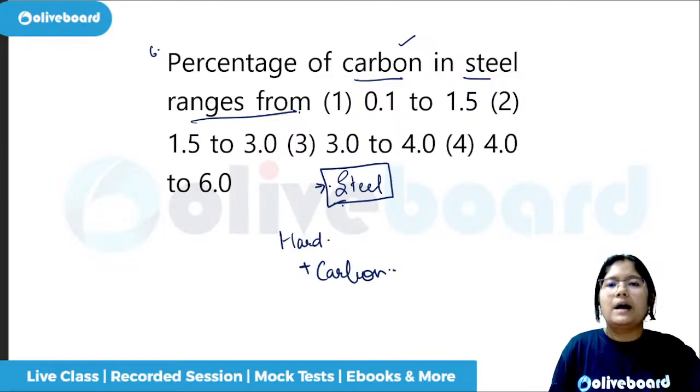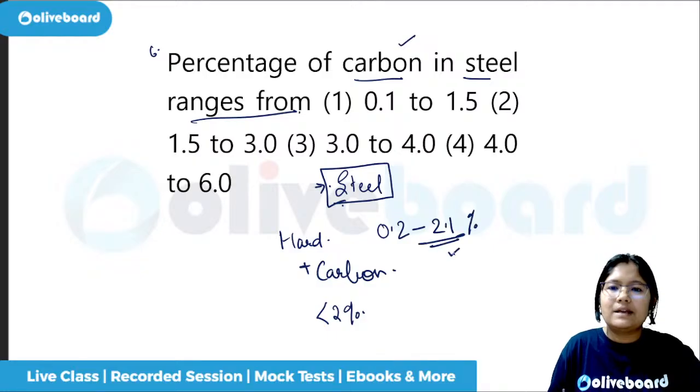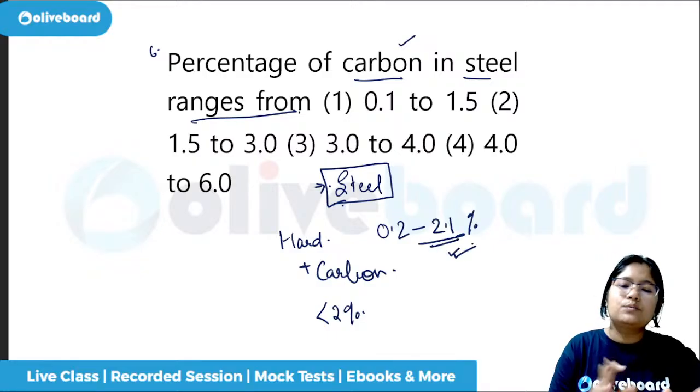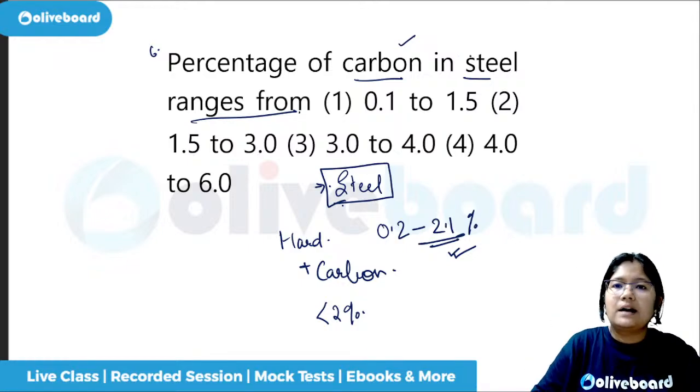Carbon can be mixed in various proportions. If it is mixed somewhere below 0.2 to 2.1%, in that case we call it hardening of the steel.